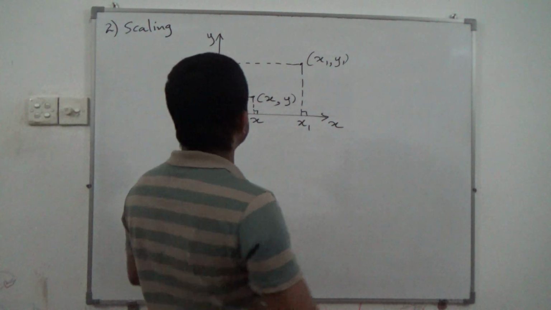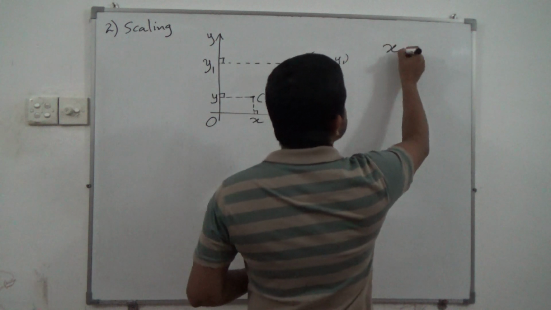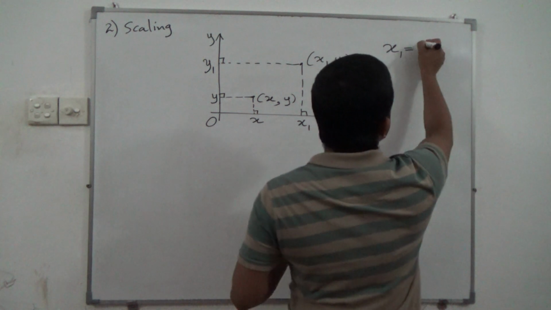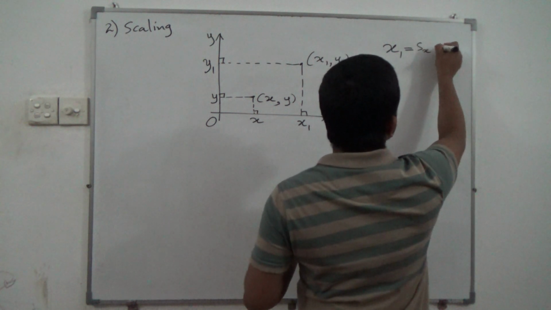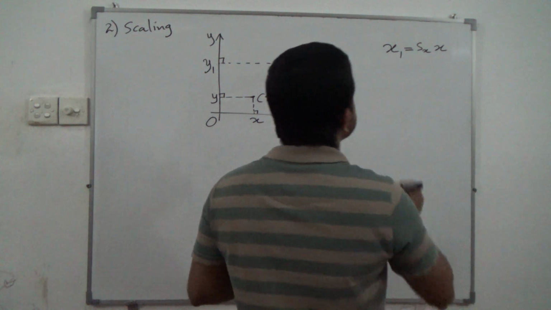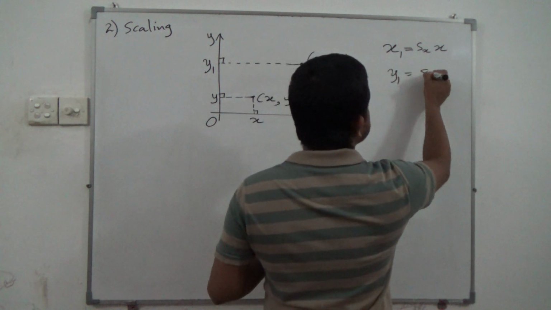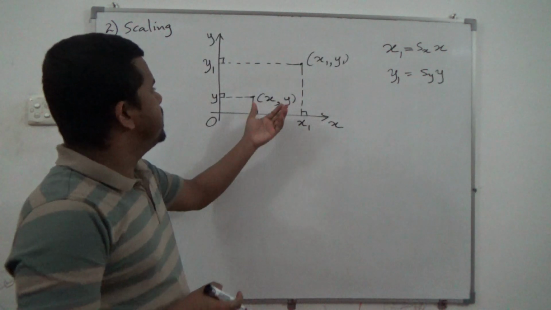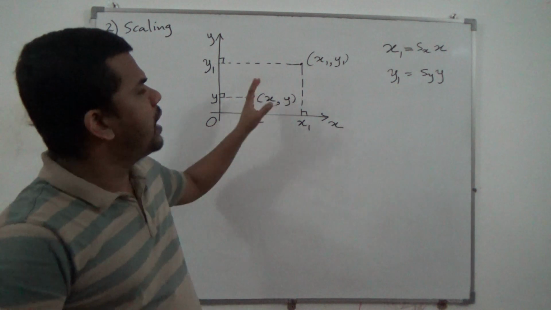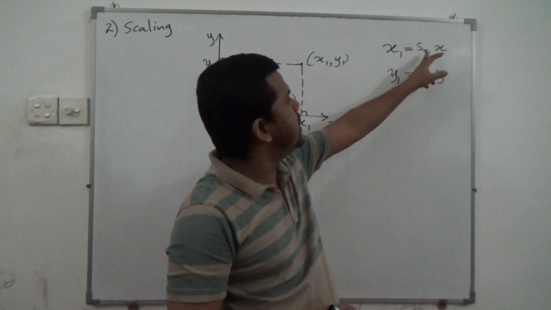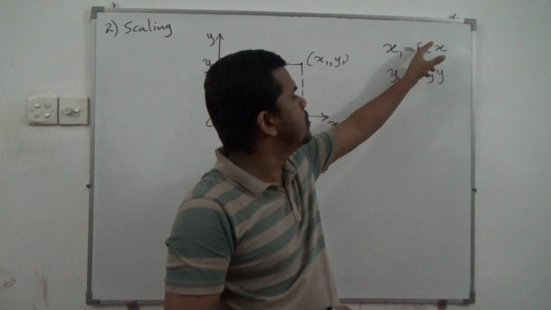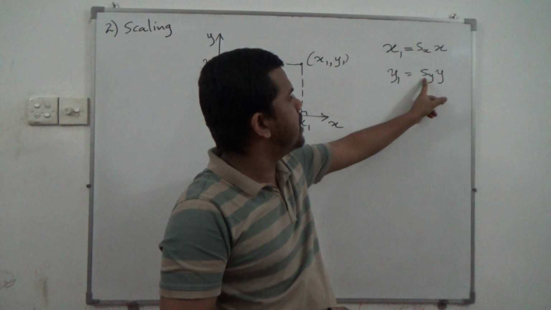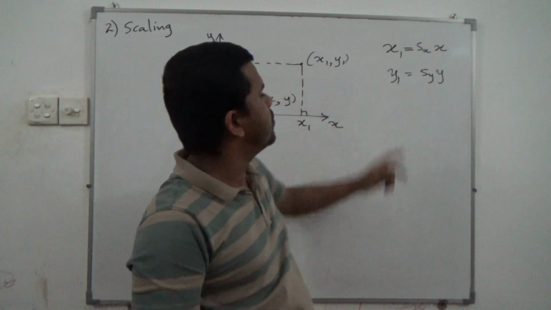So let's take x1 equals sx into x, y1 equals sy into y. That means we have a point, and if the x coordinate we multiply by a value sx, then we get x1. The y coordinate, if we multiply it by sy, we get y1.